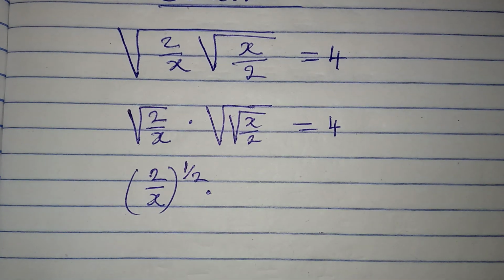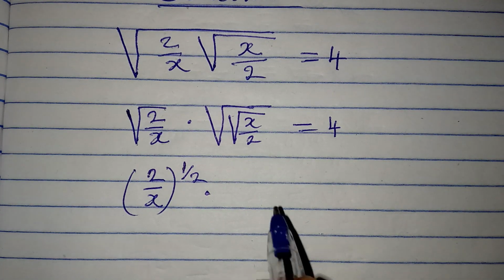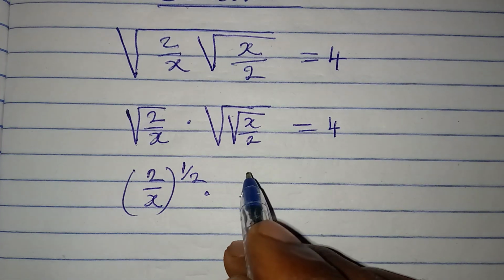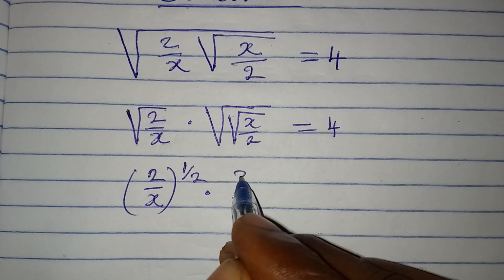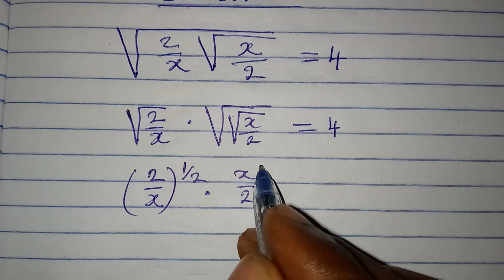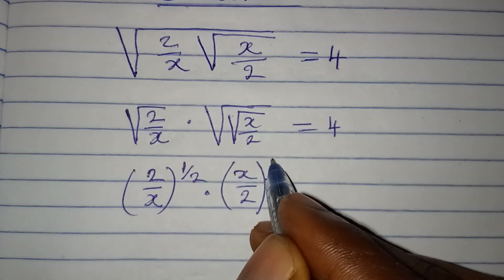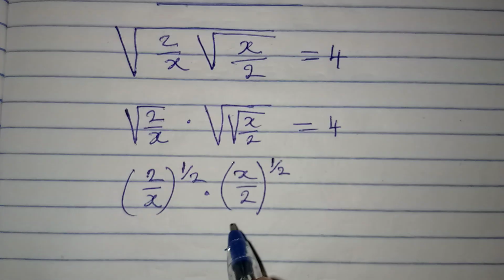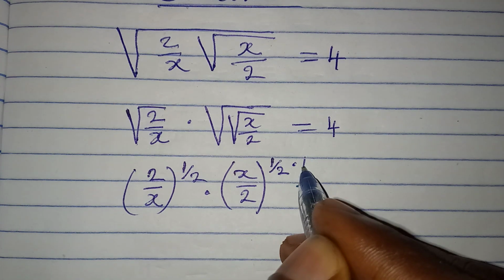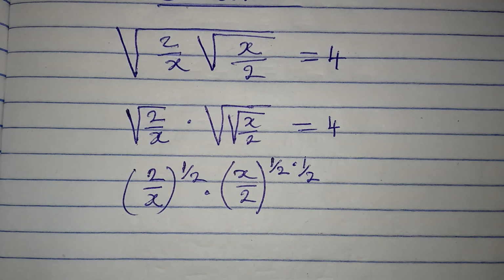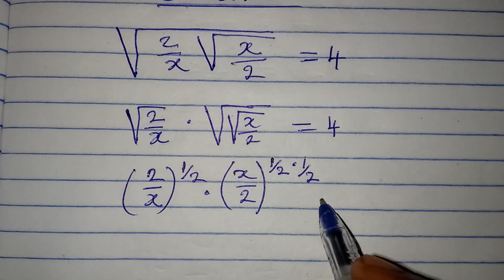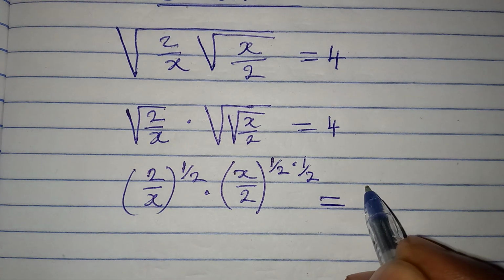And this is multiplied by x over 2 to the power of 1 over 2, then to the power of 1 over 2 again because of the two square root signs, and the whole of this is equal to 4.